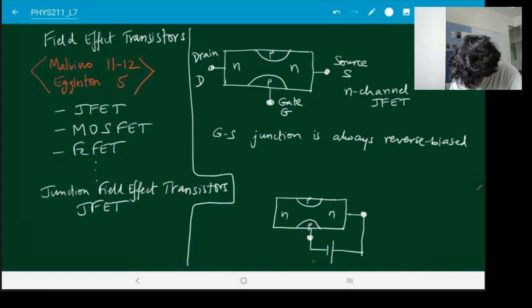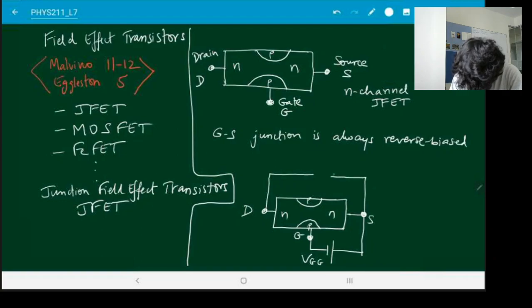Let's call this VGG. So gate, source, drain. Source, so I should put it like this. Let's call this VDD. So this is the kind of biasing that you would expect for an N-channel JFET.